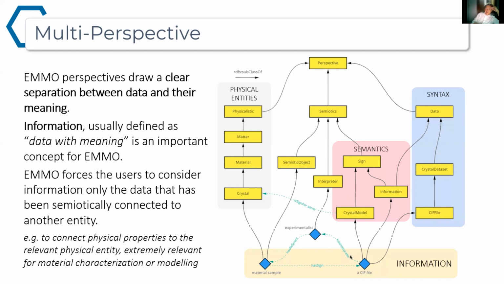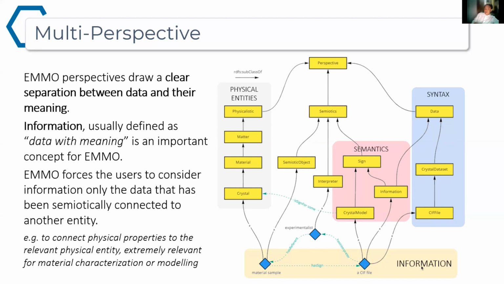So in this way, the EMMO connects a physical entity to a particular property that is declared by a particular experimentalist, and we generate information. And information is a syntactically shareable entity, like for example a file that possesses a meaning. So that is a model for this material sample.